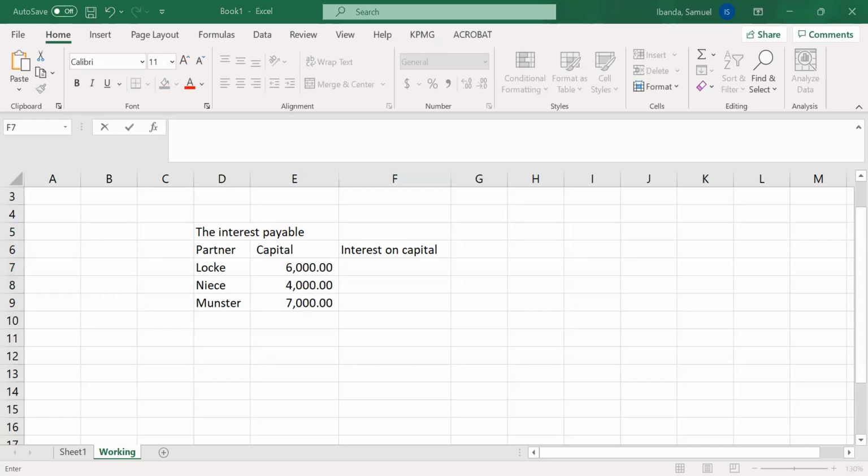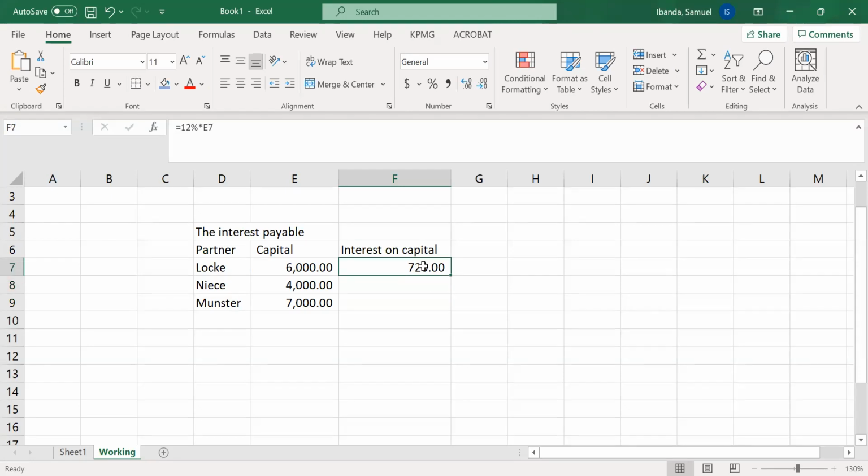They have given us interest on capital to be at 12% for all of them. So interest will be 12% times this, to give me 720. For Nins, 12% of 4,000 gives me that, then that. So that is what I basically have at hand, okay?